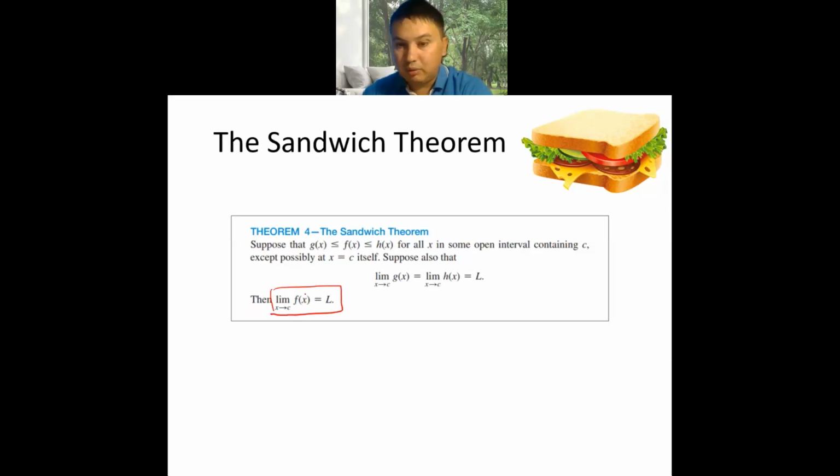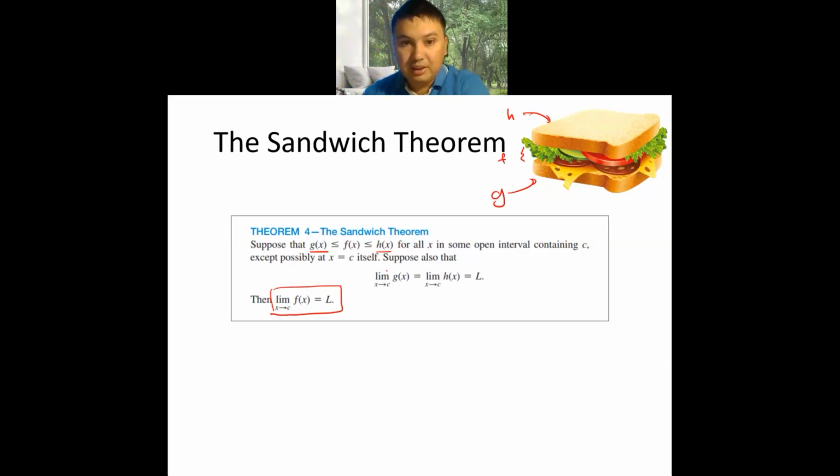And what do I know about f of x? Let's say that I can bound my f of x from below by g of x and from above by h of x. So I'm sandwiching, right? This is my h, this is my g, and whatever is inside is f. I'm trying to sandwich from two sides.